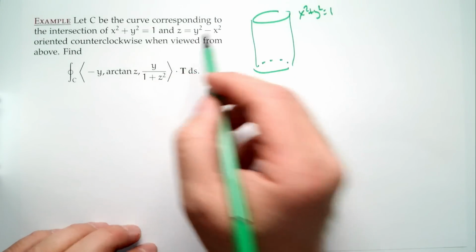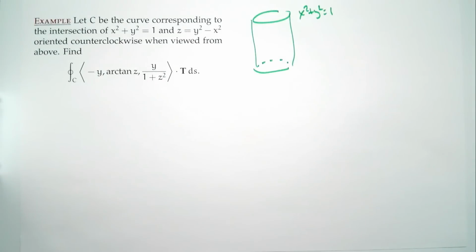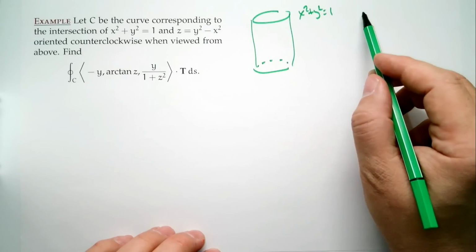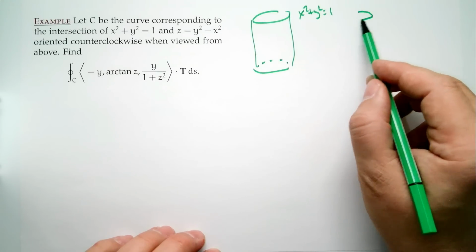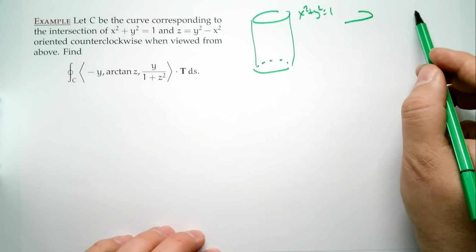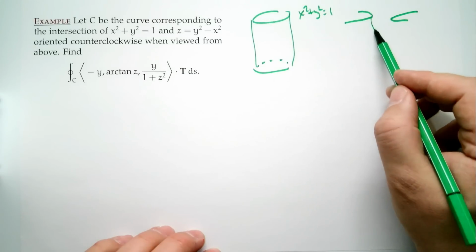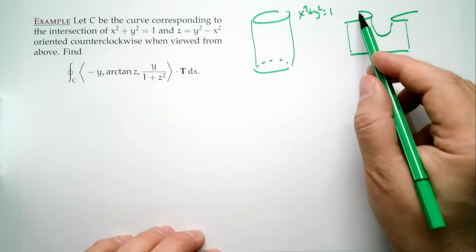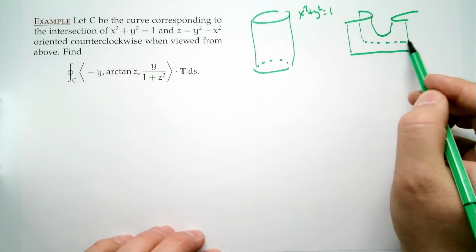Now, z equals y squared minus x squared. What is that? Well, that looks something a little bit like the following. It is our saddle.